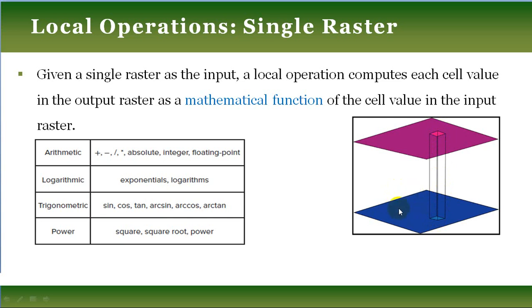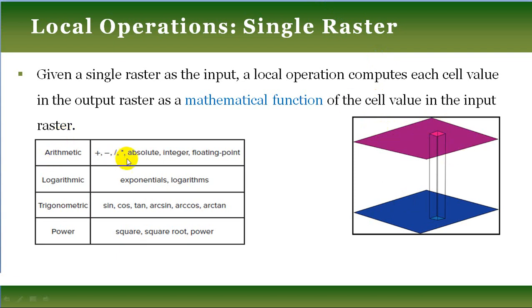In this way, by adding 3 to every input raster pixel value, we can calculate every pixel value of the output raster.